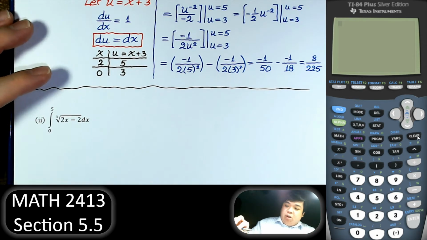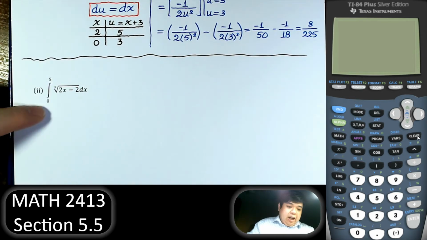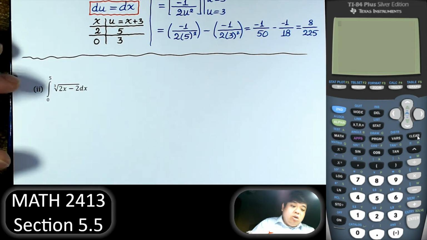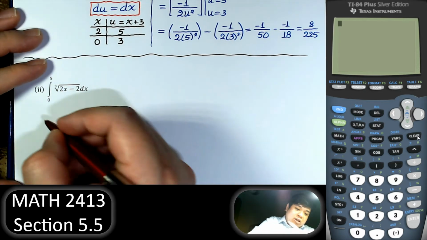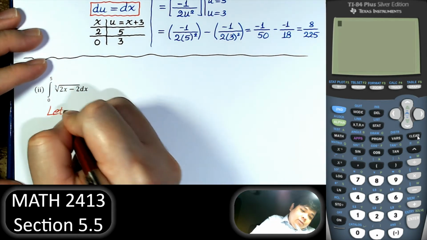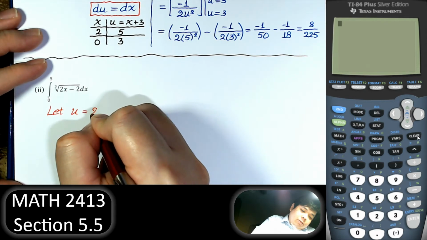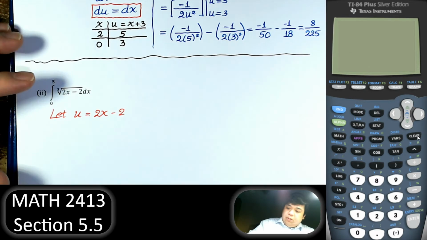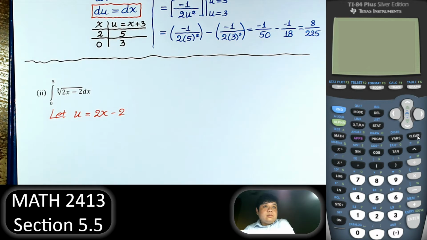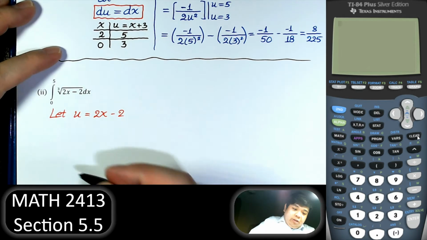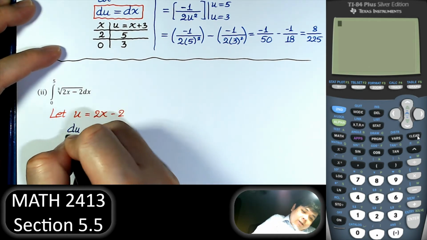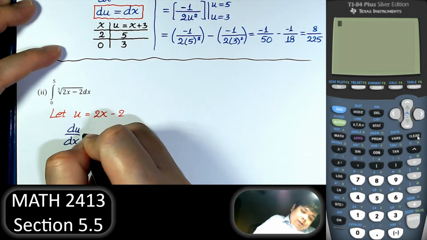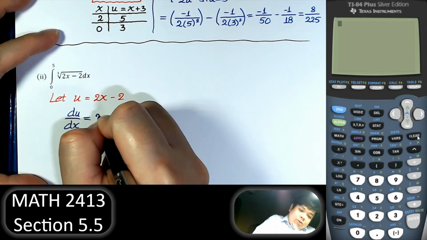Now we have that problem. So cube root of 2x minus 2. So looks like u is going to be equal to 2x minus 2. And then we take the derivative. Derivative of this is 2.